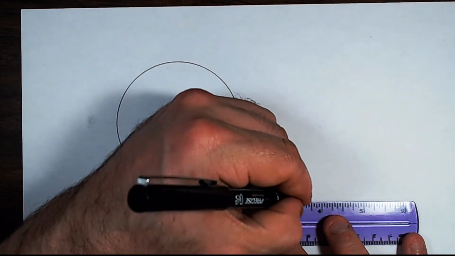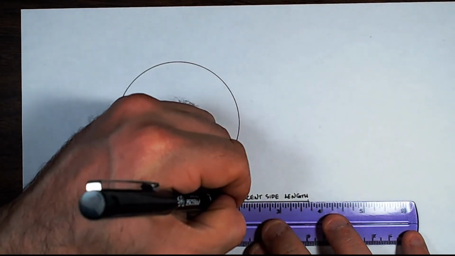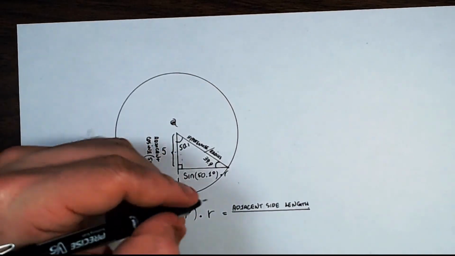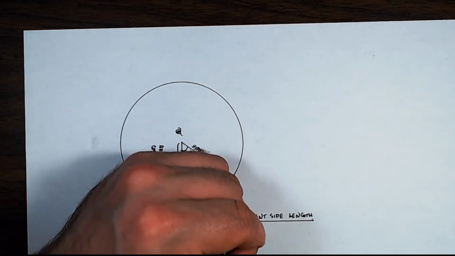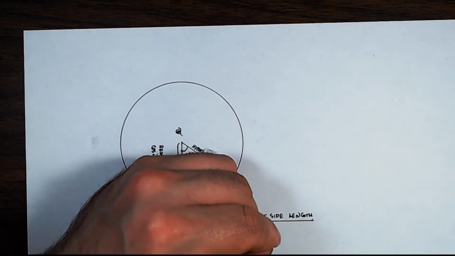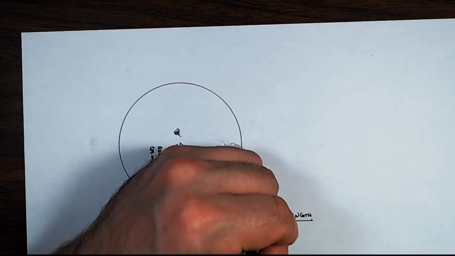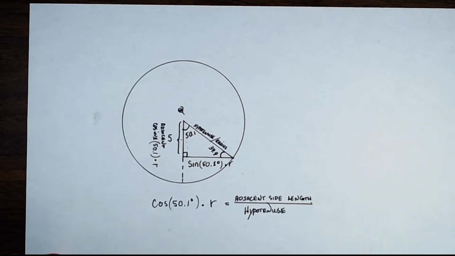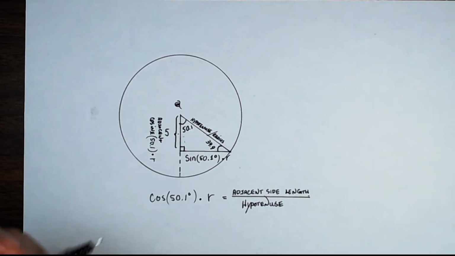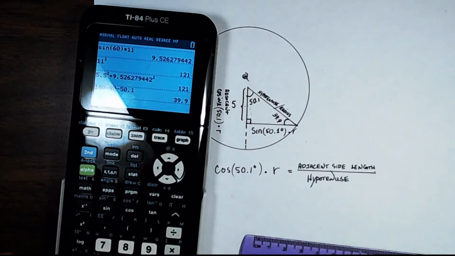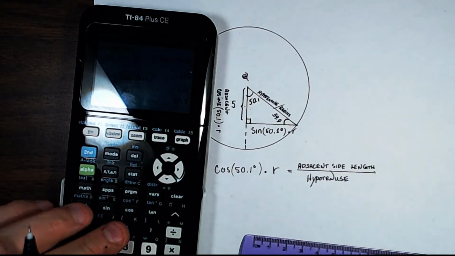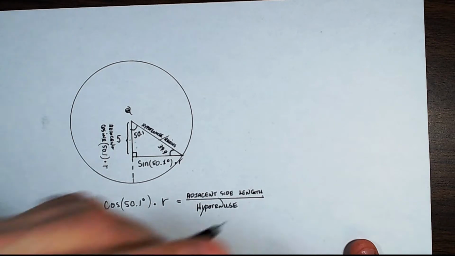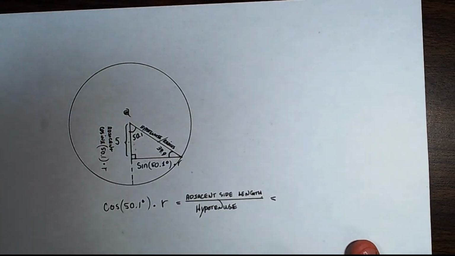divided by the hypotenuse. I'm not entirely sure that's true. I think I wrote it wrong. But anyway, let's take the cosine, and this is equal to 5.